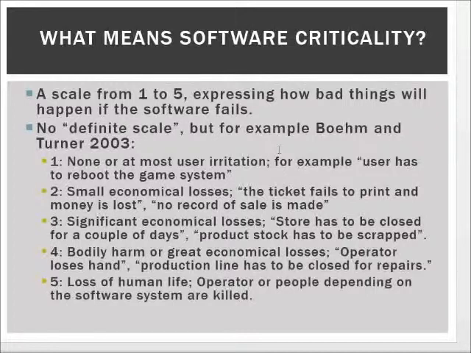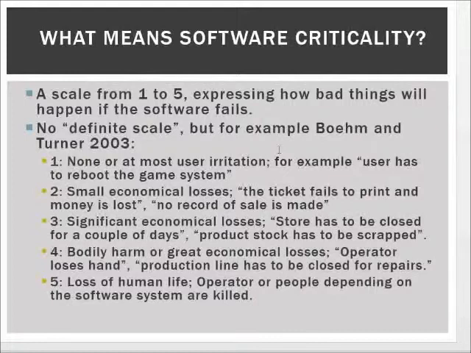But it can also mean that the operator loses a hand, or someone is permanently injured, or that, for example, the patient is given an incorrect amount of medicine, causing an overdose or something like that. But that can also be an example of level 5, which is reserved for only the loss of human life.